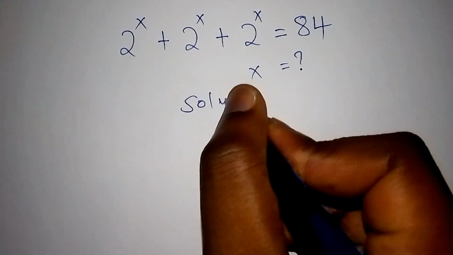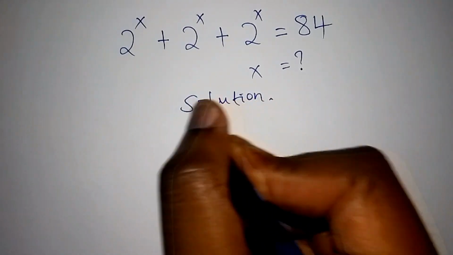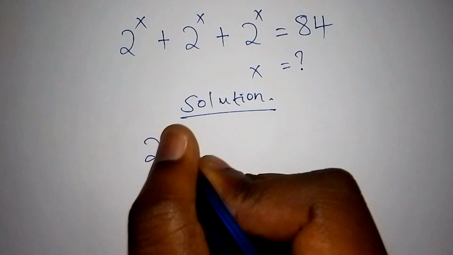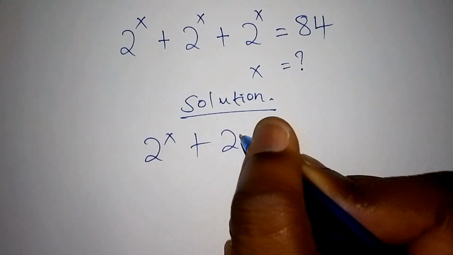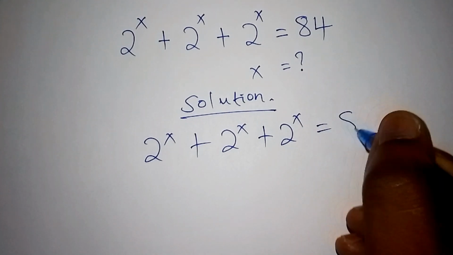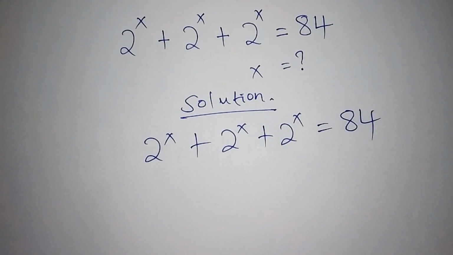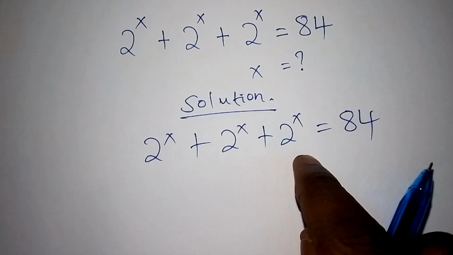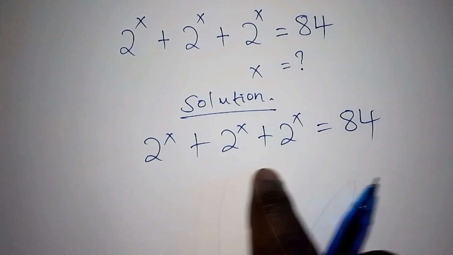On our solution, this is what we have: 2 to the power of x plus 2 to the power of x plus 2 to the power of x equals 84. Since the base 2 appears three times, we need to factorize it.